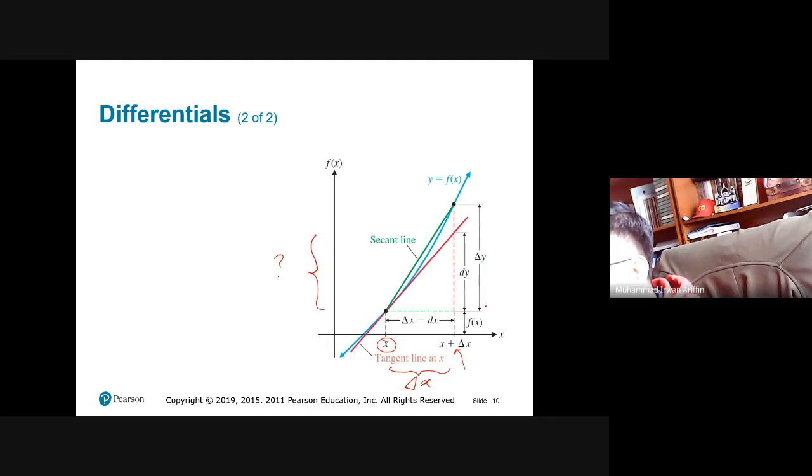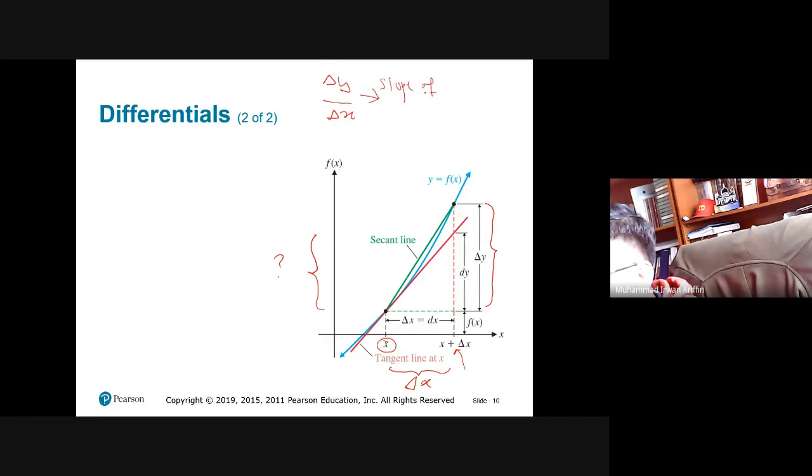Y will go up by this amount, right? Because it is here. This is delta y, the change in y. Now, these 2 points are connected by the green line, the second line. So delta y divided by delta x, what is this? This will give us the slope of the second line.